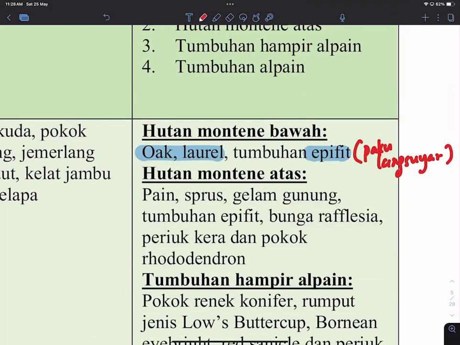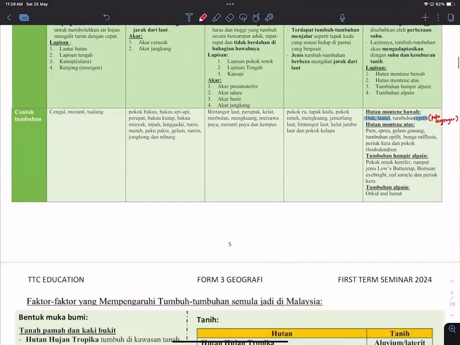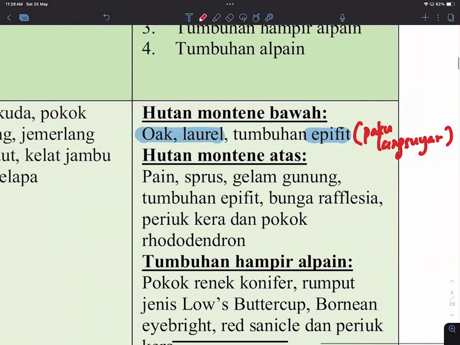So Montane atas. If you guys can refer, they didn't mention here. Montane bawah is from 1,200 meter to 1,800 meter. For Montane atas, it is 1,800 to 2,900 meter.